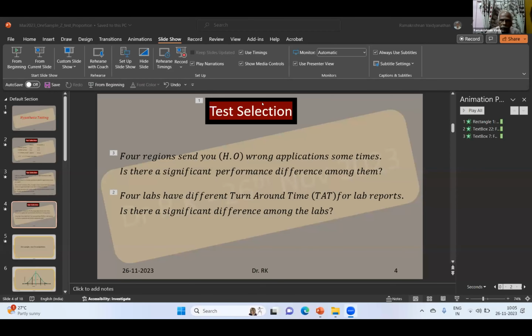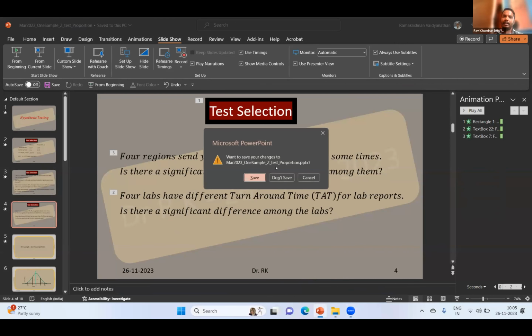I will close this also. Don't save, no? Save. I may change this. Okay. So, are you able to see my screen? Sir. Yes or no? Yes. But how do I close this? Yes. Save.